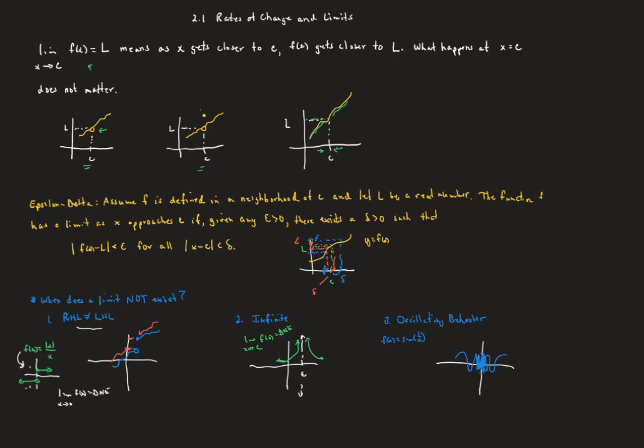And so the idea is no matter how small a region, how small a little interval around 0 you pick, is going to contain an infinite number of those sine waves going up to 1 and back down to negative 1. And so that is our third way that a limit can fail to exist.